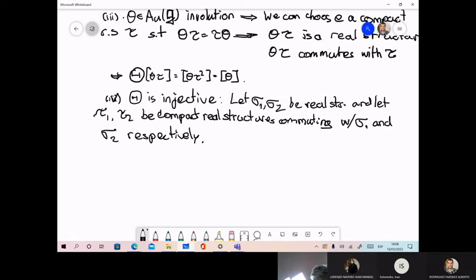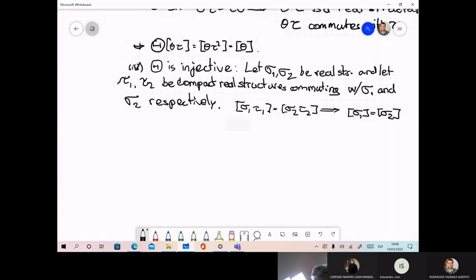And what are we saying? That we want to see that if sigma 1 tau 1 equals sigma 2 tau 2, then the class of sigma 1 is the class of sigma 2, right? So how do we do this? What does the first thing mean?